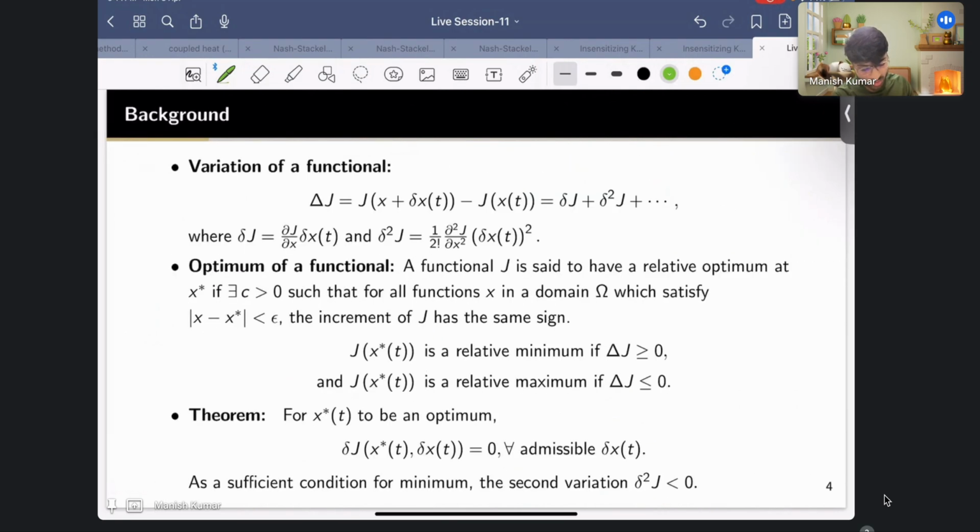We will denote this delta J, that is the change in the value of J, where delta x denotes a very small change in x.